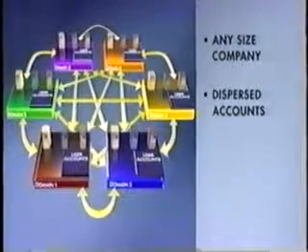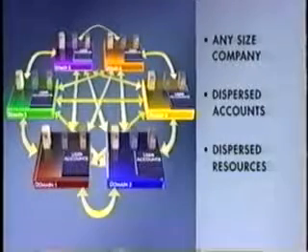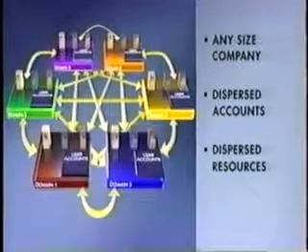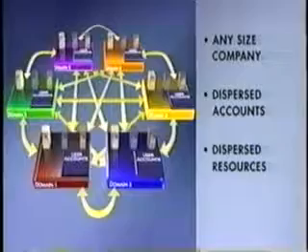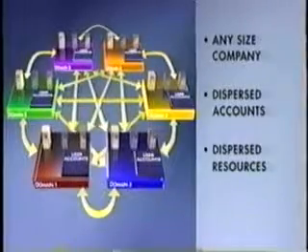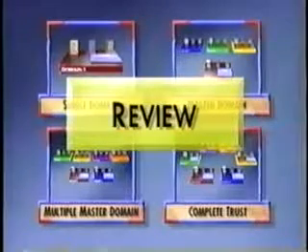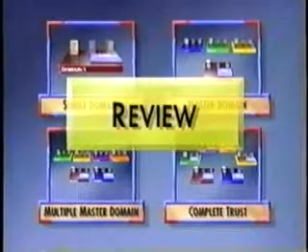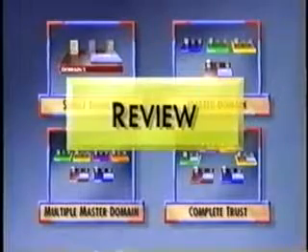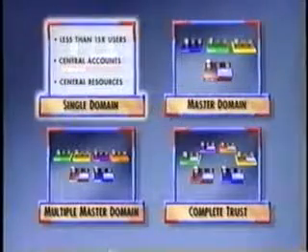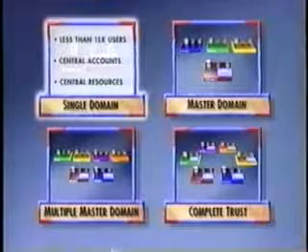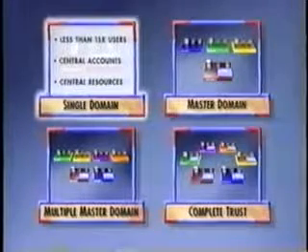It is best for companies where both users and resources are grouped into departmental units and where each department has full control over its own user accounts and resources. The 4 domain models provide a network architecture for any organization, from the simplest to the most complex. The single domain may be the best design for smaller companies that want centralized account administration.